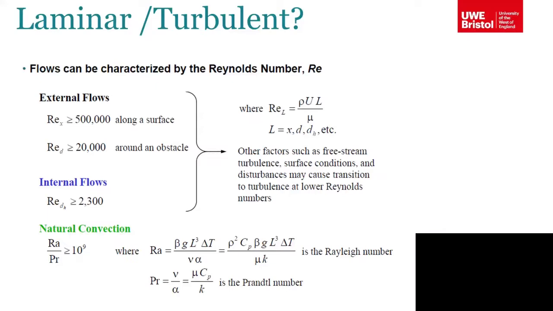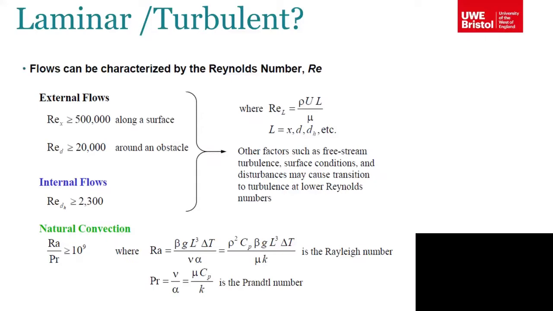So what would an external flow along a surface be like? The sea or something? For example, if you have a flat plate and a bump or a bar or a rock, like a weir in a river.